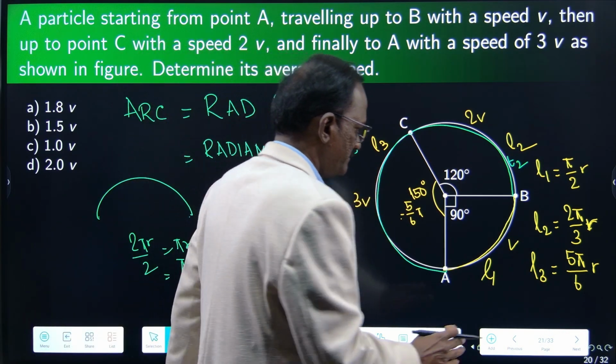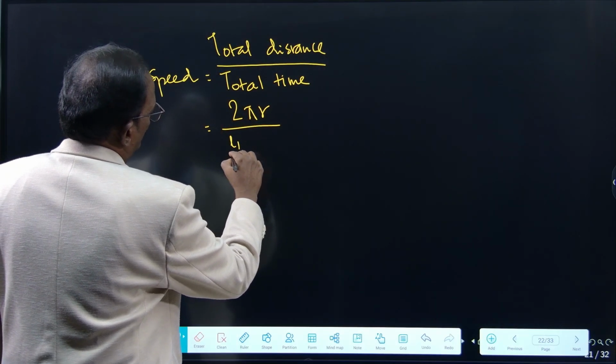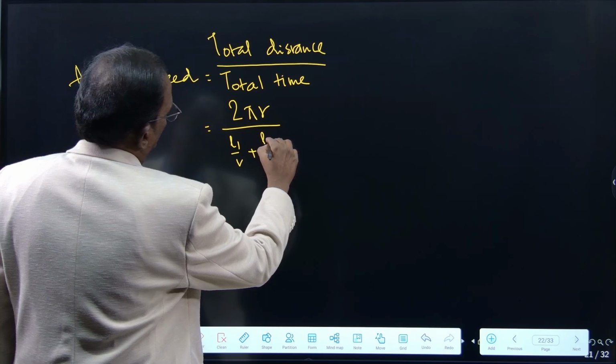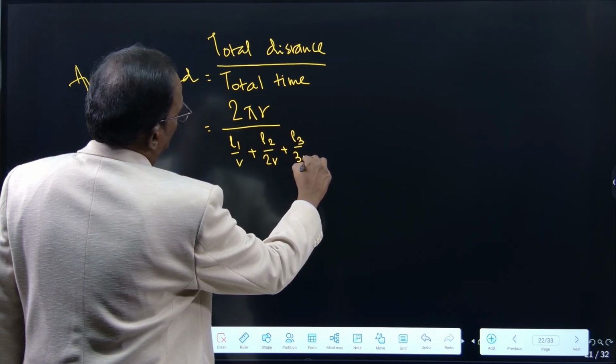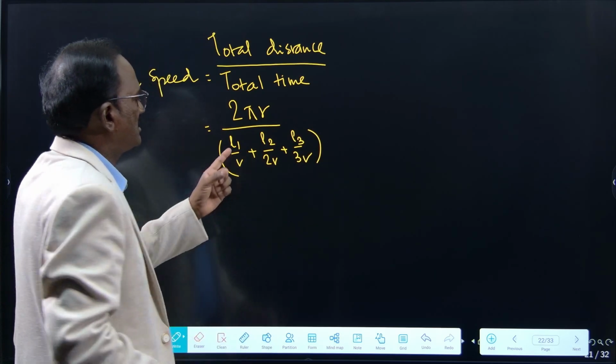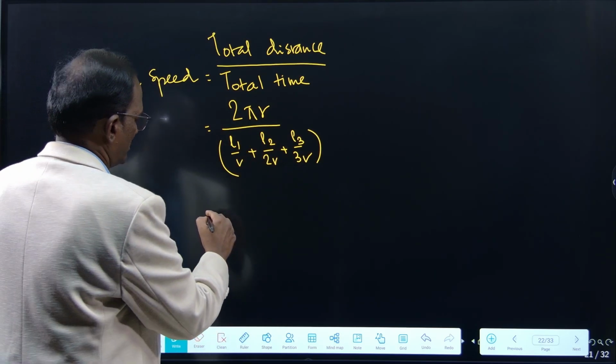So total time is L1 by V plus L2 by 2V plus L3 divided by 3V. This is total time. Distance per velocity.